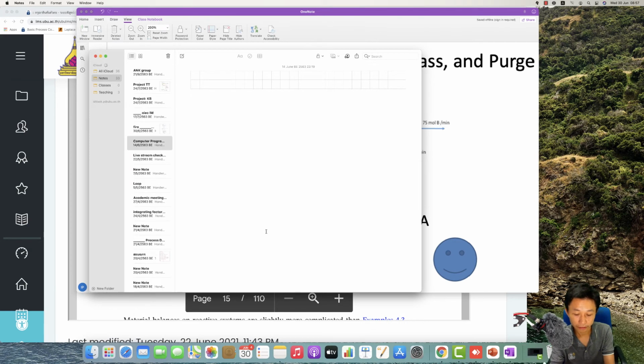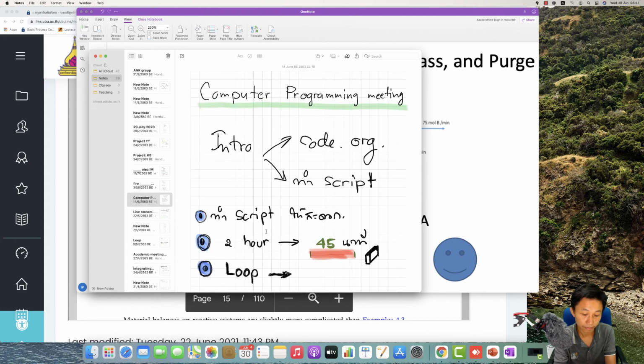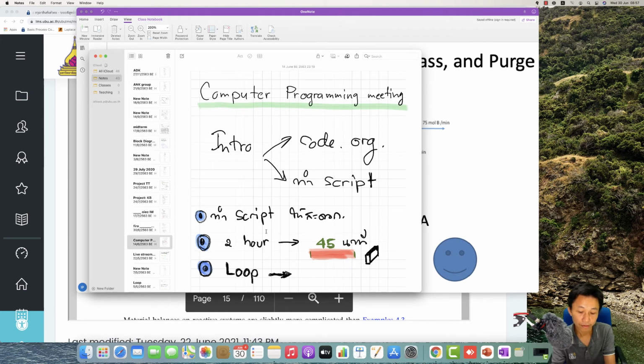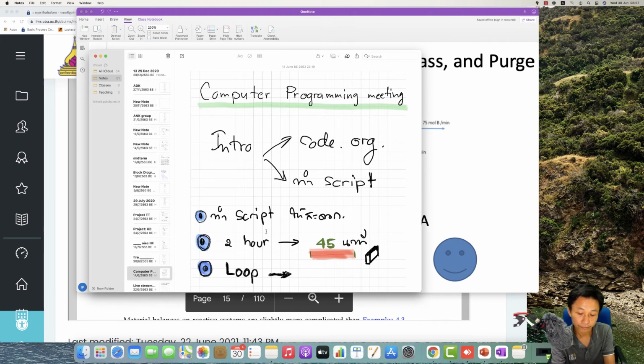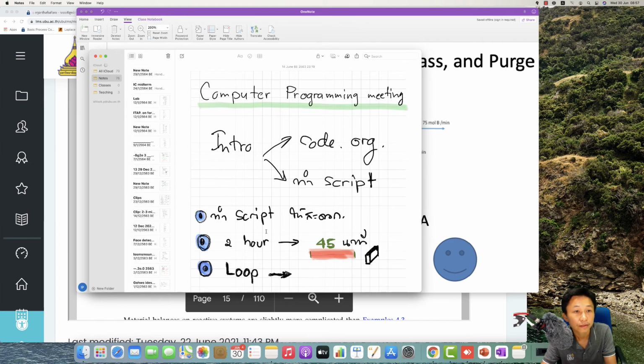Bioreactor. Engineering. Okay, let me see first.